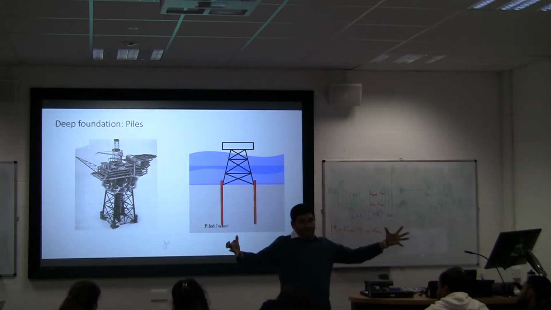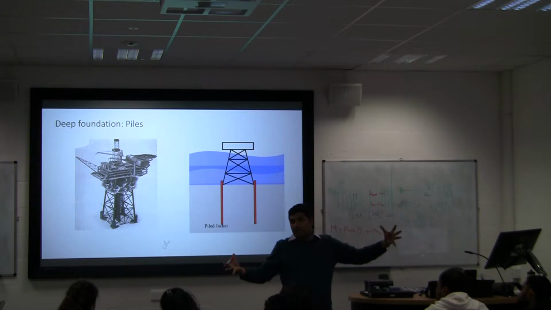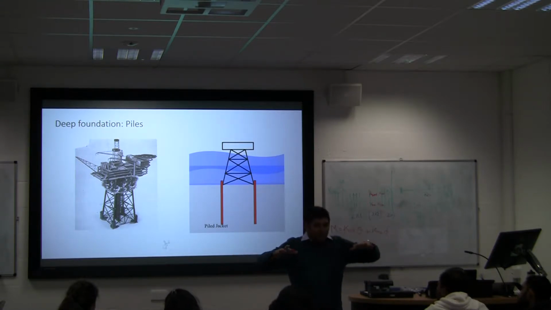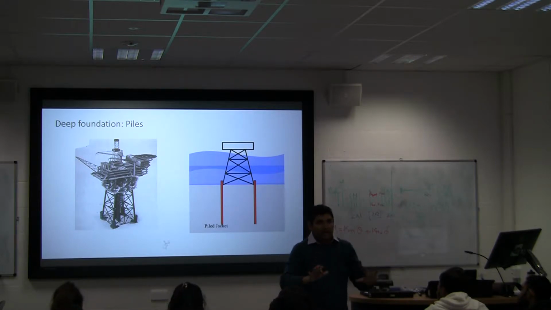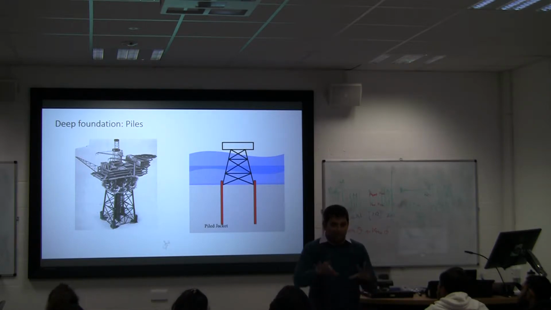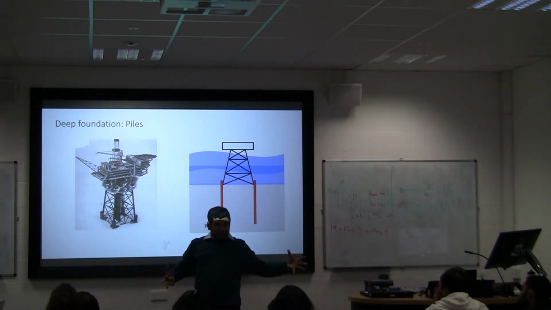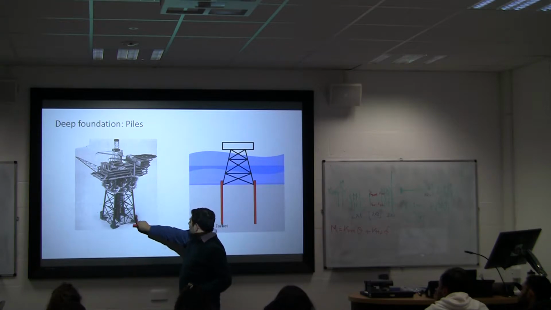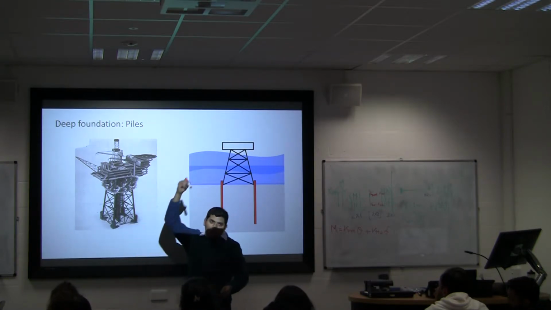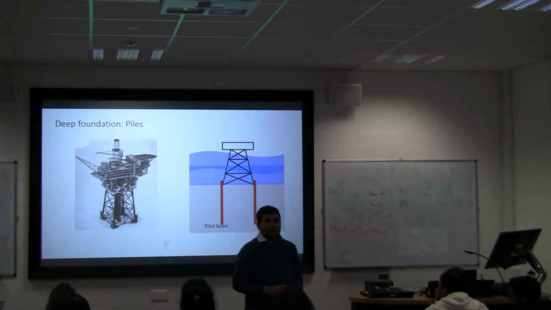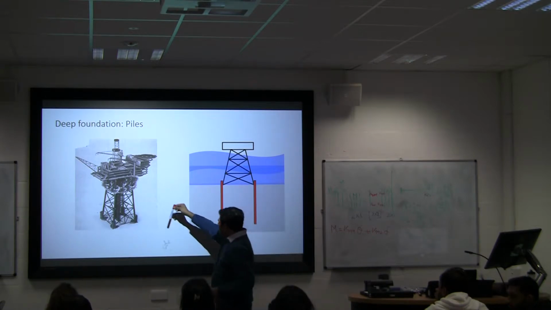They act as a shallow foundation. It will hold the jacket on the seabed. And then there are sleeves. Through the sleeves they will put the pile through. So they would drive the pile through these sleeves.